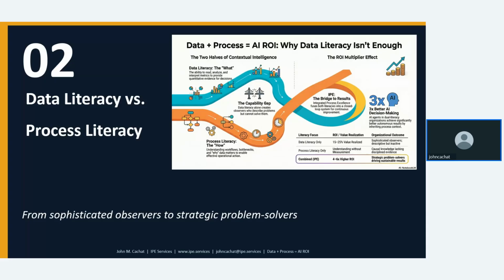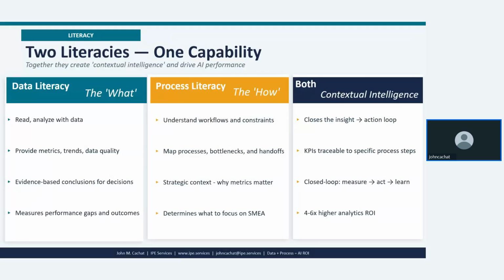And what we're trying to do is to get people from just looking at the cleansed data reports and analytics and observing what's going on to strategic problem solvers, or call them solution providers or success planners, but people that can actually do something with it. So again, 2 literacies, 1 capability. Data literacy, again, the what. Can we read and analyze the data? Can we provide metrics and trends and assure data quality?